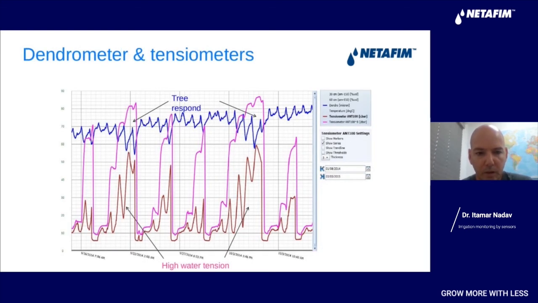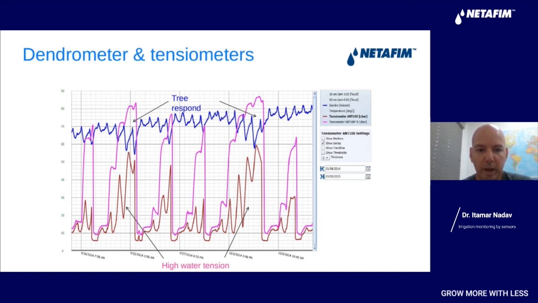You can see here that every time that the water potential is very high, and this is a tensiometer, the tree responds with much deeper MDS, and after irrigation, the MDS comes back to the natural situation.